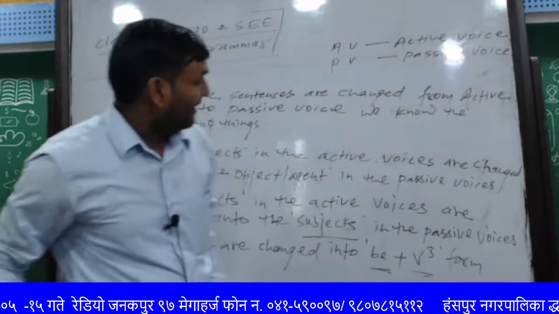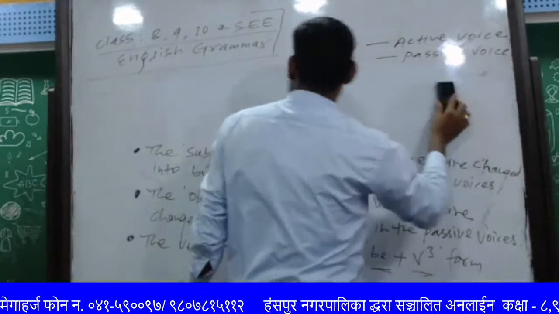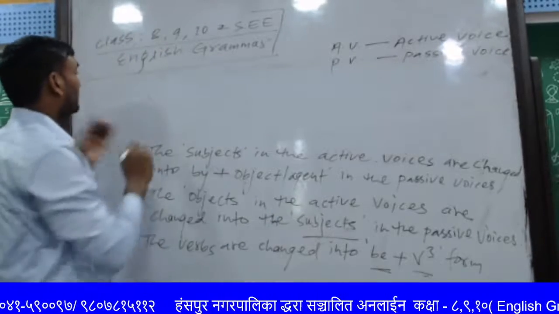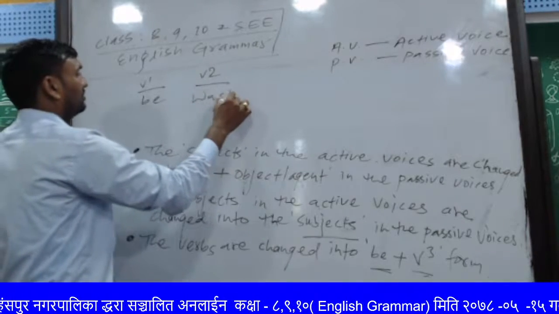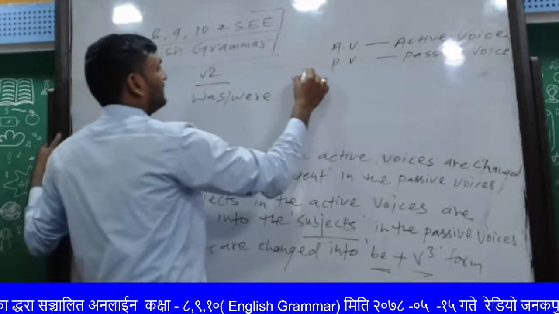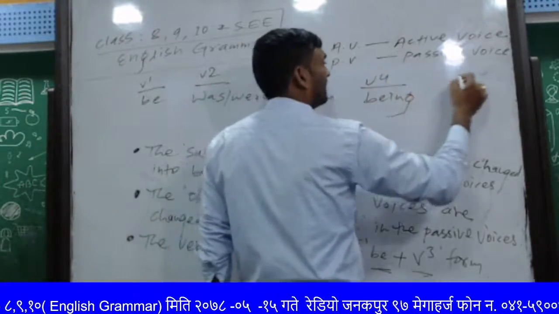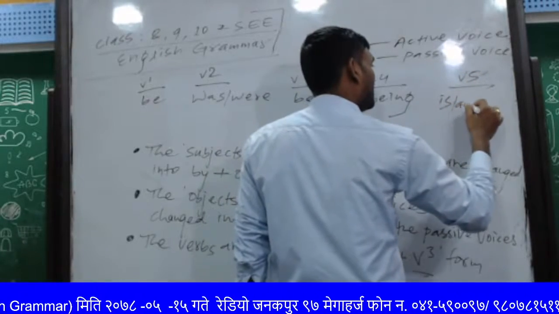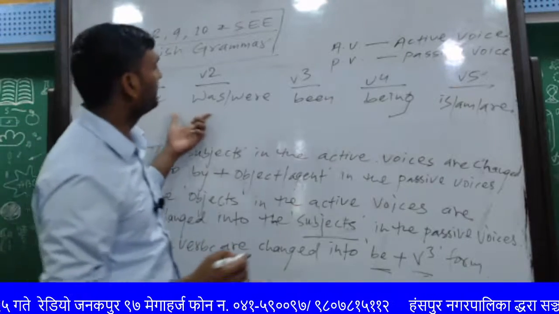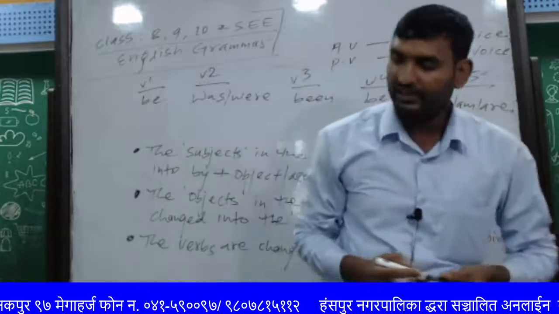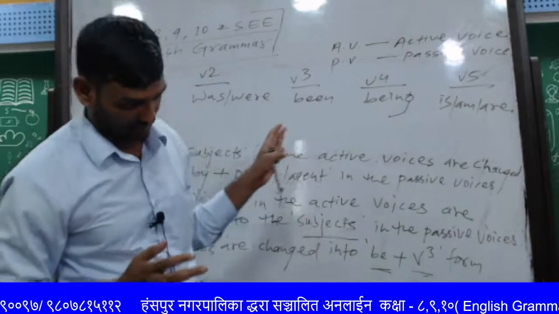And what do you mean by be verb? So I am going to write it on our board. The forms of be verb: V1 is be, V2 is was or were, V3 is been, V4 is being, and the last one, V5, is am, is, are.